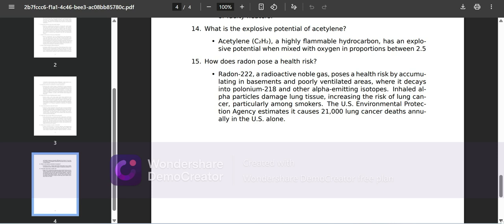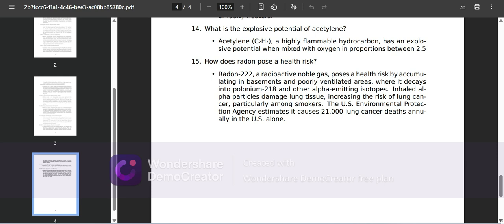How does radon pose a health risk? Radon-222, a radioactive noble gas, poses a health risk by accumulating in basements and poorly ventilated areas where it decays into polonium-218 and other alpha-emitting isotopes.